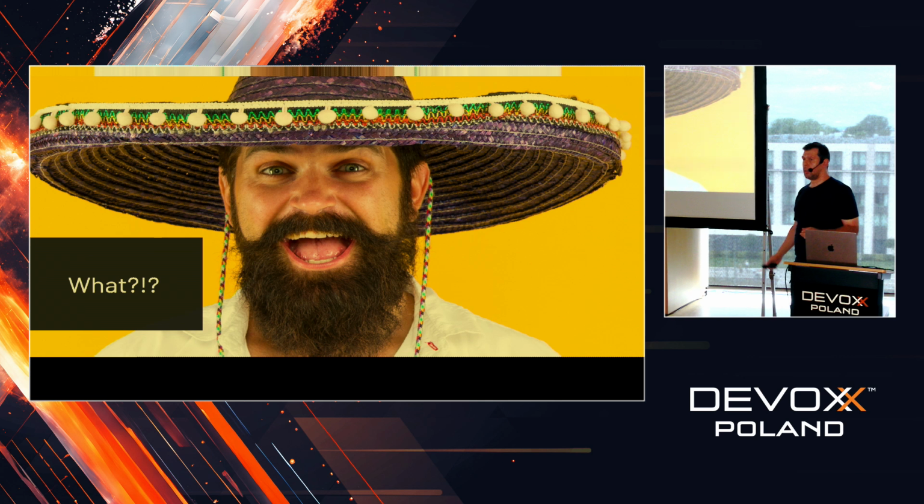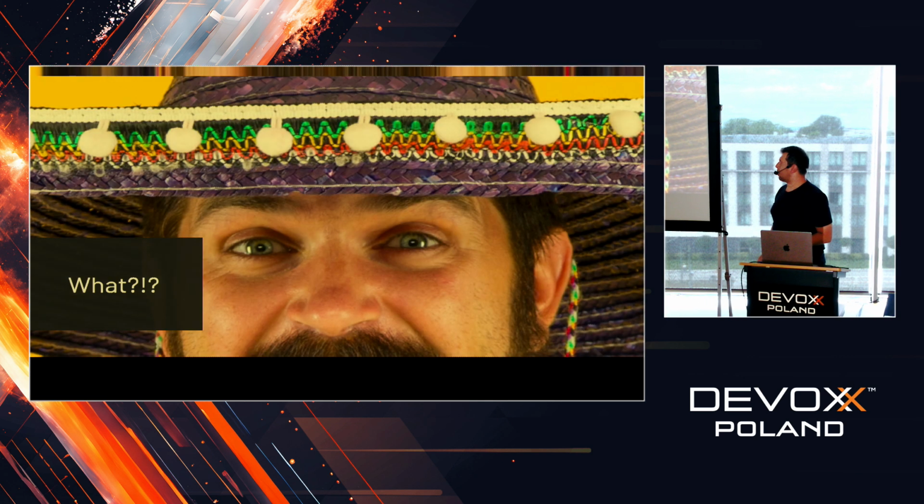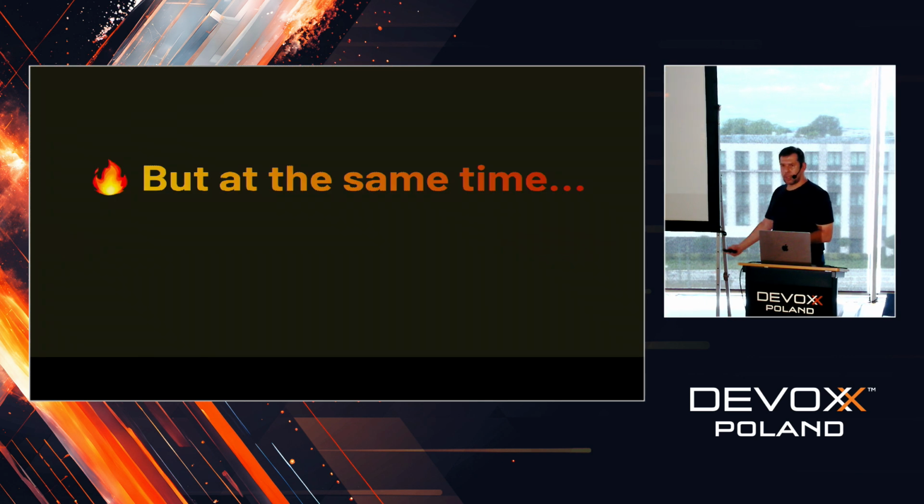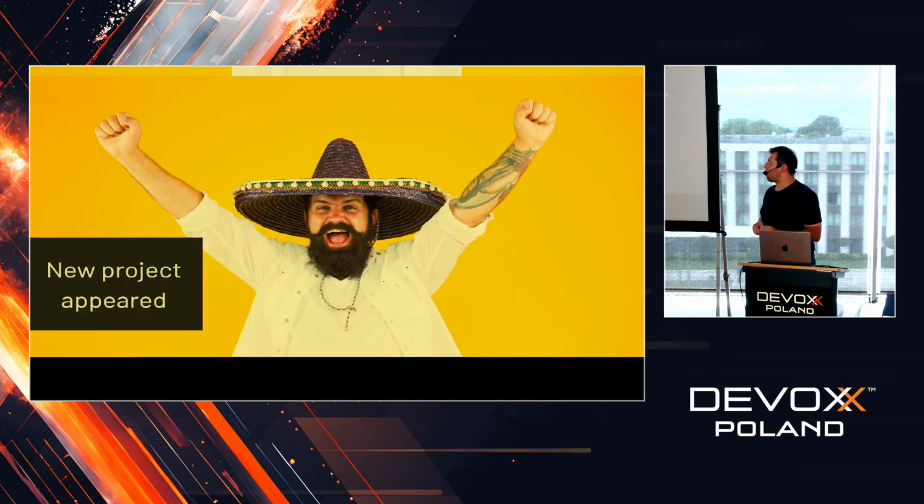So yeah, only a couple of months ago there was a different approach, but at the same time, this native communication with publisher and subscriber maybe can be used in a different type of project, and also in this organization one project appeared.